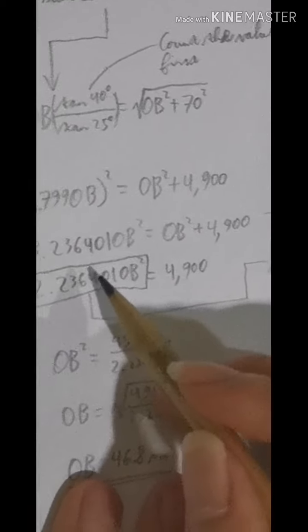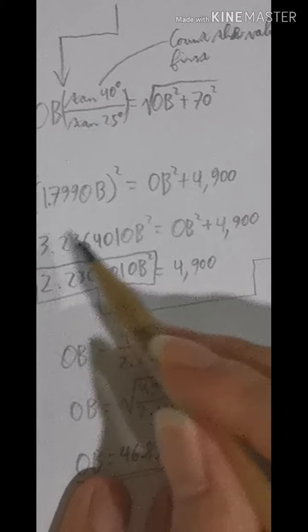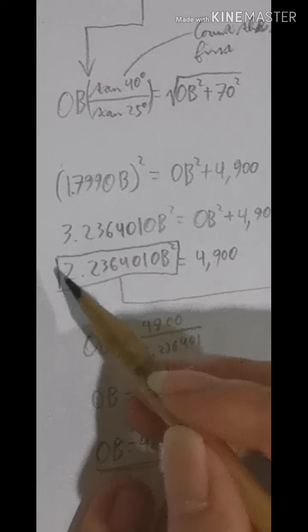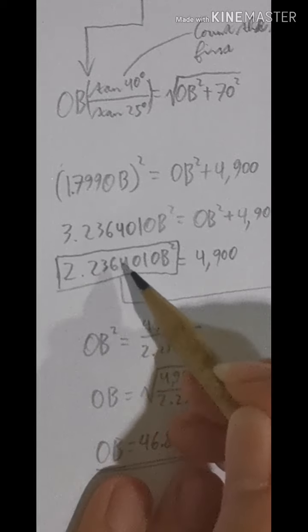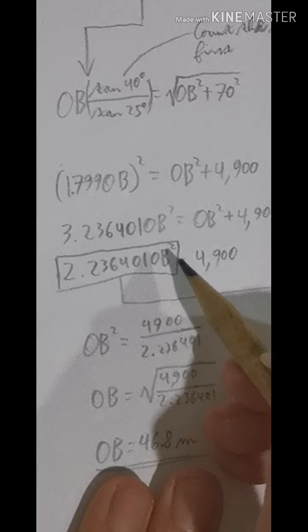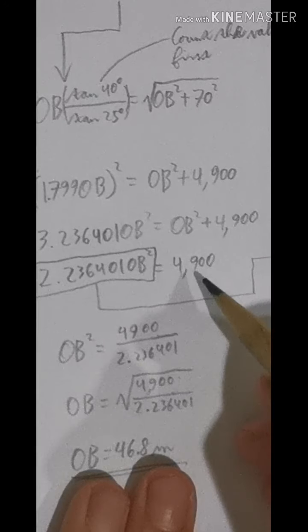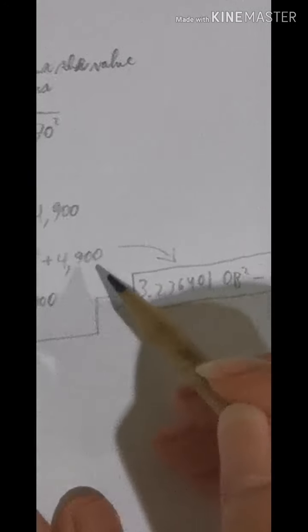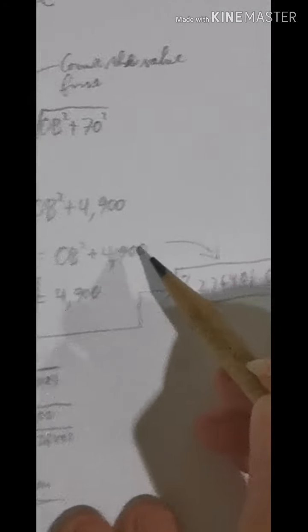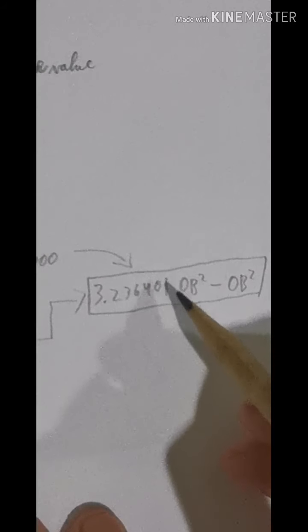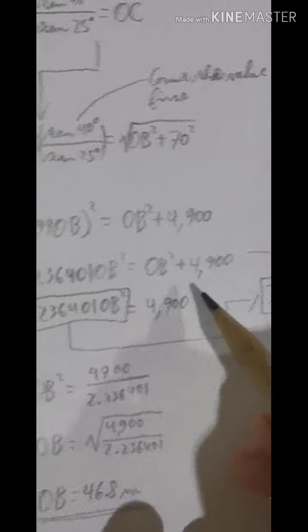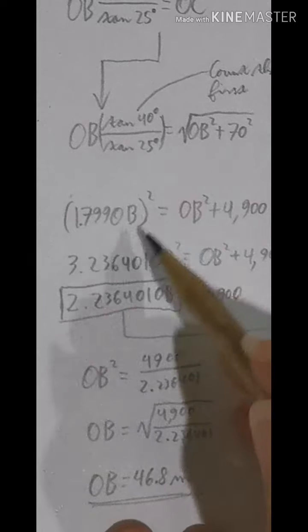Okay, now we got this. Then we go to the next line. 2.236401 OB squared is equal to 4,900 plus OB squared. Now what did I do here? From this equation, remember the OB squared on the other side? You move it there.